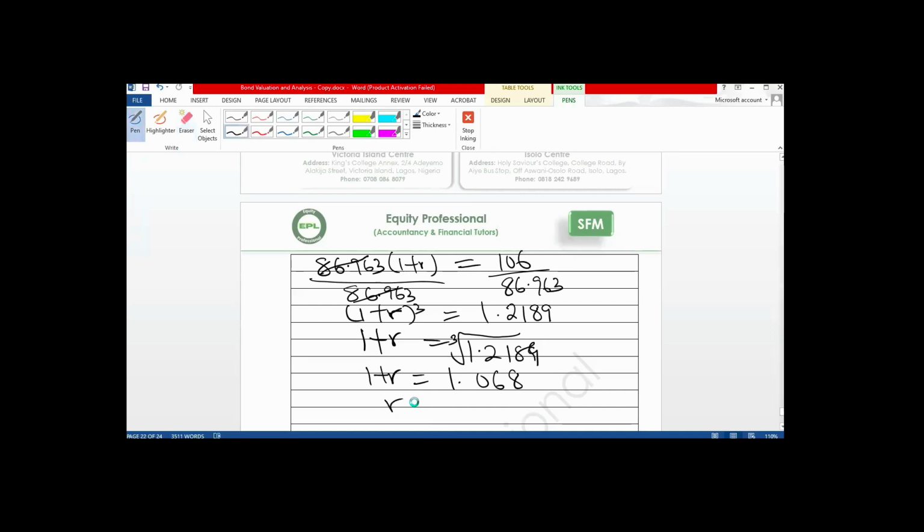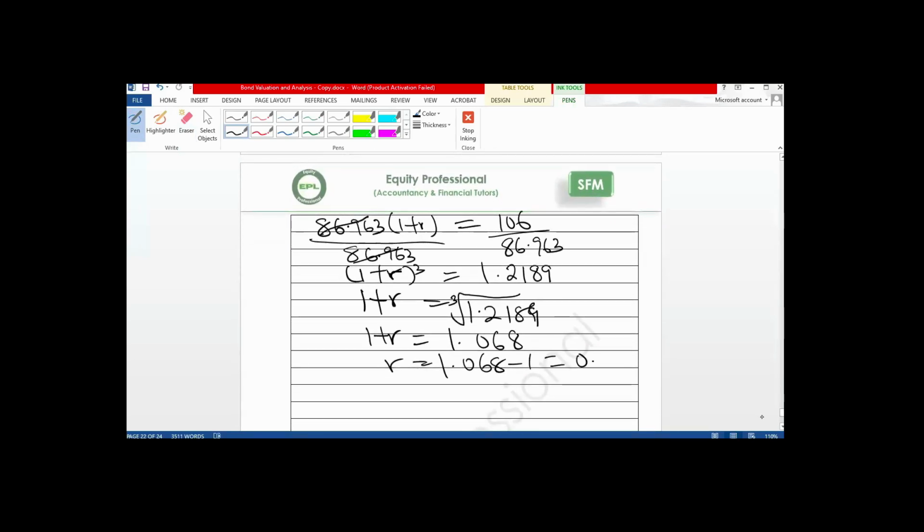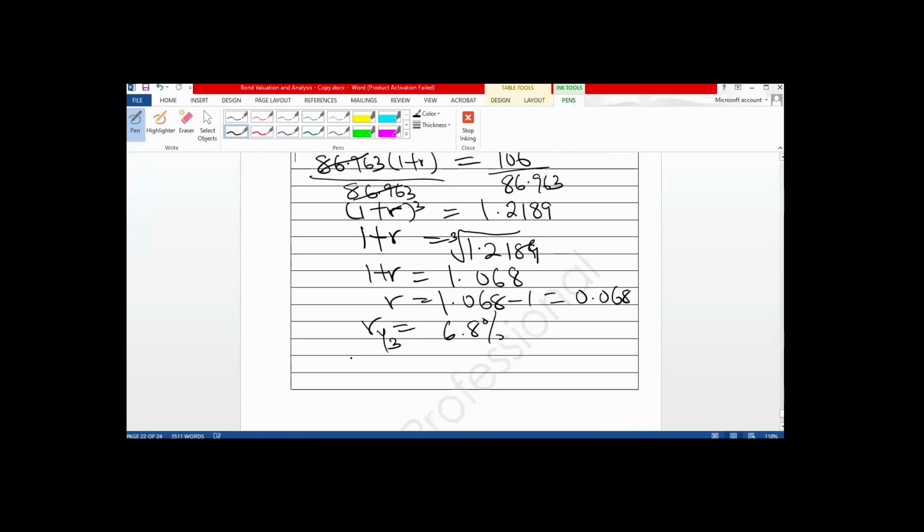Therefore, my R is equal to 1.068 minus 1. That will give me 0.068. My R in percentage is 6.8%. That is the spot rate for year 3.